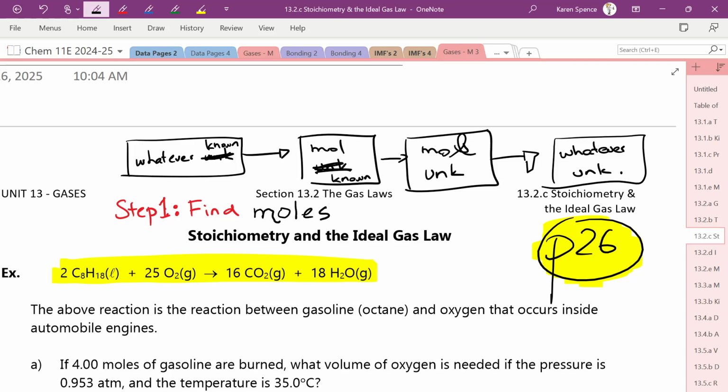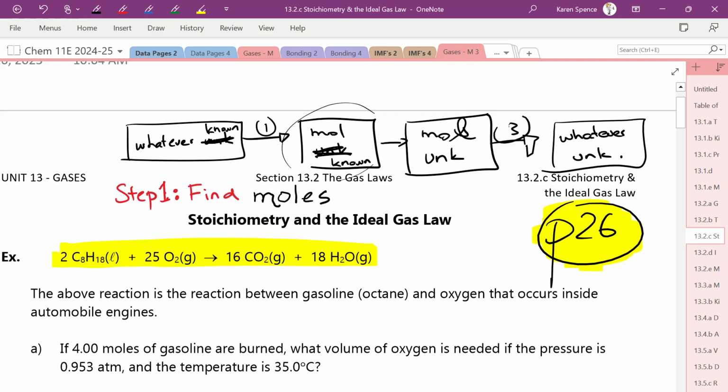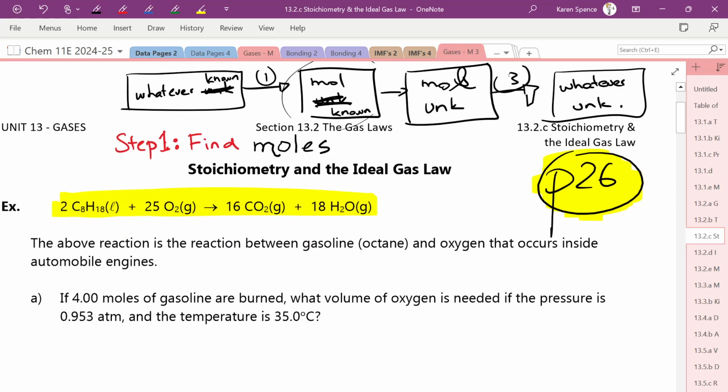Okay. But we are going to be using the ideal gas law here, so either we're going to be using it in step one or in step three. So let's see what we've got. We have 4 moles of gasoline burned. Gasoline is octane, so we have 4 moles of octane.